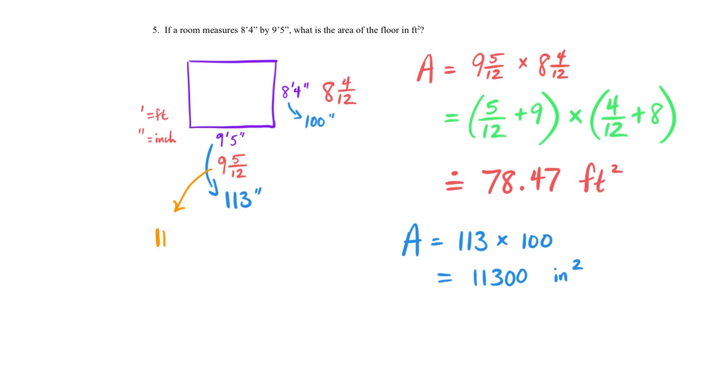So I could view that as 113 inches out of 12 inches. My 12 times my 9 is 108, add on my 5, 113, but it's 113 out of 12. And I could do the same thing with my red up on the right. That would be 100 out of 12. Those both are in feet.